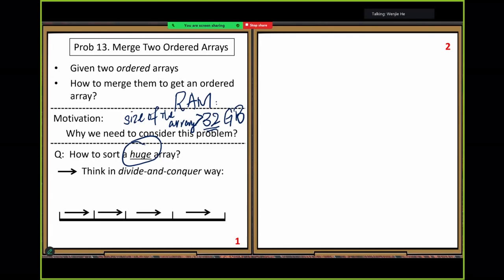But here you may have a question. When we merge two ordered arrays into a larger ordered array, the larger ordered array may not be able to fit into the main memory sooner or later. Don't worry. When we merge two ordered arrays, every time we load only a portion of data; we do not have to load the data of the whole subarray.